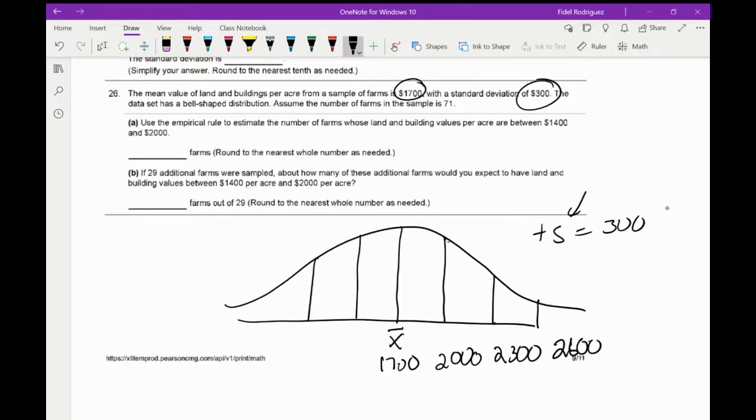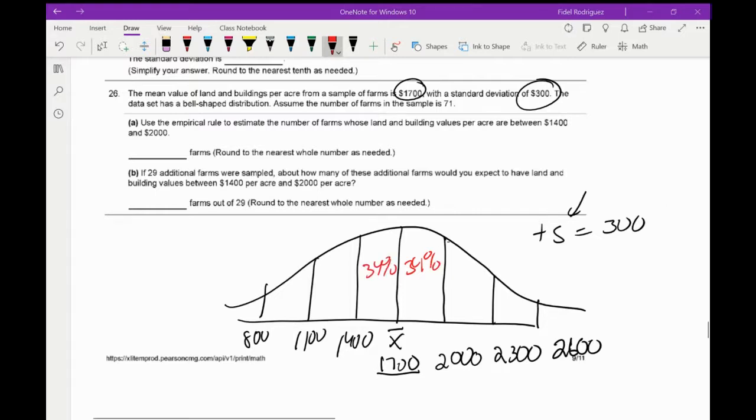And then we're going to do the same thing over here, but we're going to start subtracting. So if I take 1,700 and subtract 300, that's going to give me 1,400. This will give me 1,100, and this will give me 800. And not only did we have that, but we had certain percentages. So these numbers here were 34%.